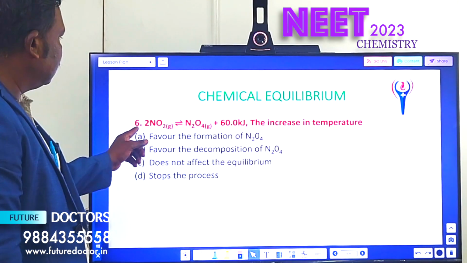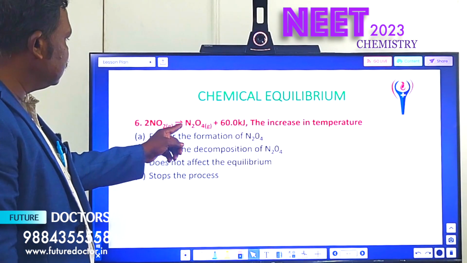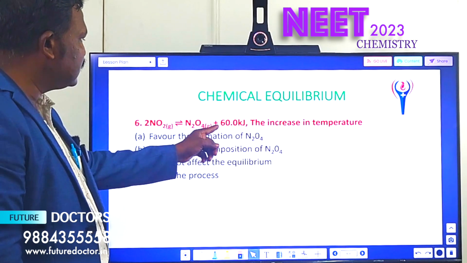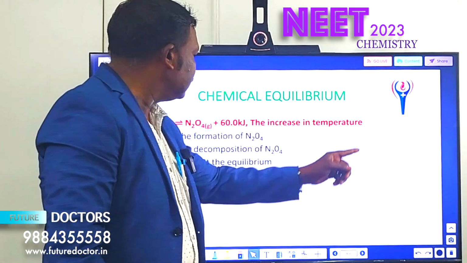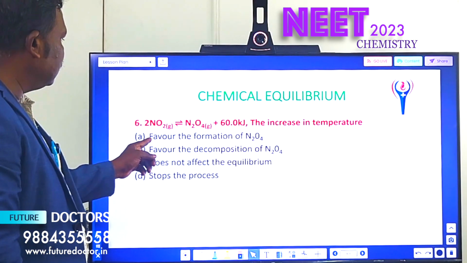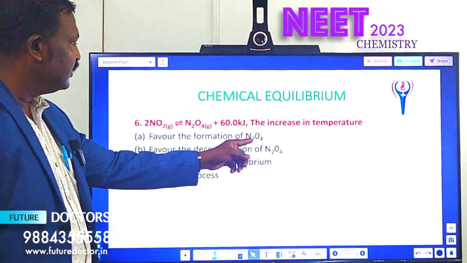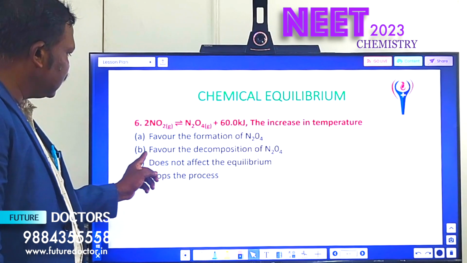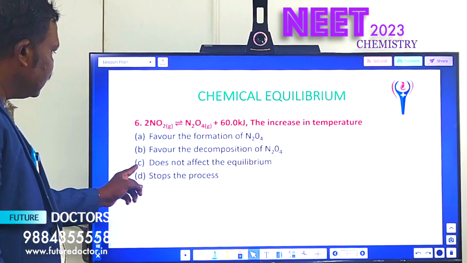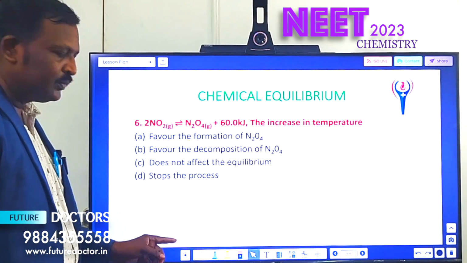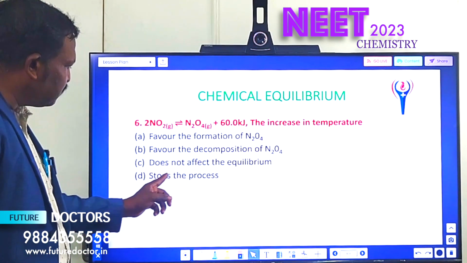Sixth one. 2NO2 gives N2O4 plus 60.0 kilojoule. On increasing the temperature, the options are: A, it favors the formation of N2O4; B, it favors the decomposition of N2O4; C, it does not affect the equilibrium; D, it stops the process.